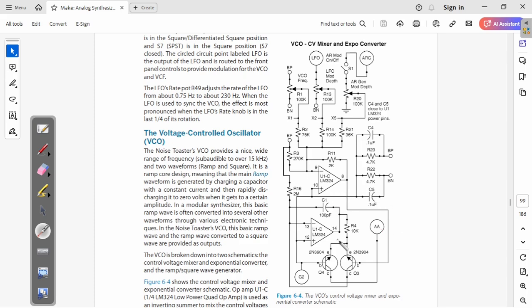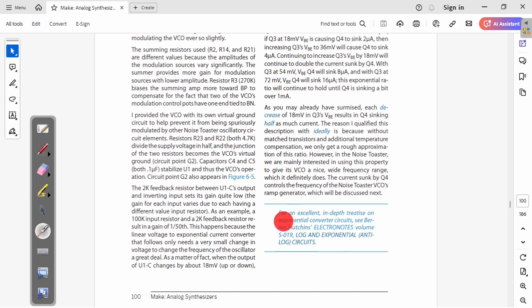I'm not going to explain how this thing works on this schematic. I think it's better to go to the source, because this sub-circuit basically comes from Bernie Hutchins' Electronotes.